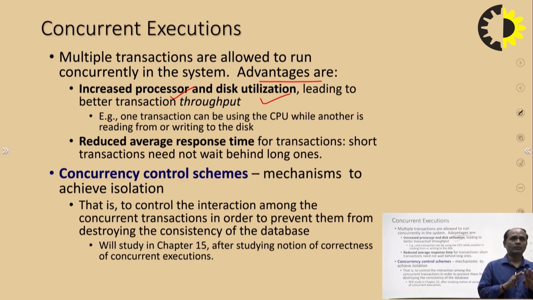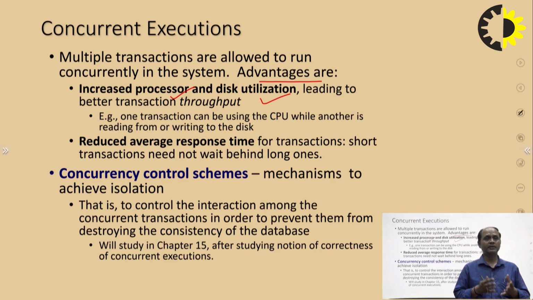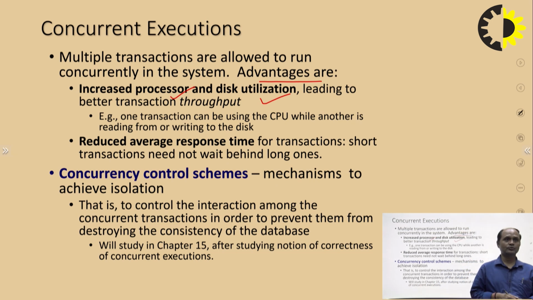Both transactions run separately and do their work. At the same time, we can use the processor for one transaction and the reading or writing operation of the disk for another. So it increases processor utilization and disk utilization.